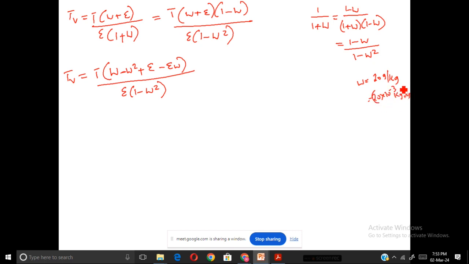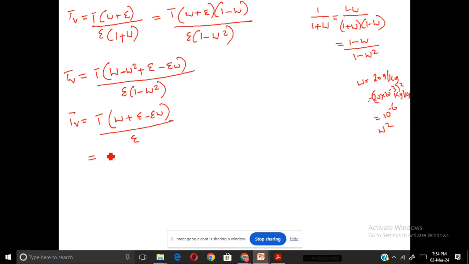When it is squared, it becomes a quantity with an order of magnitude of 10 raised to minus 6, which is very small. So we can neglect the terms which have W square. Then TV is equal to T into W plus epsilon minus epsilon W by epsilon.